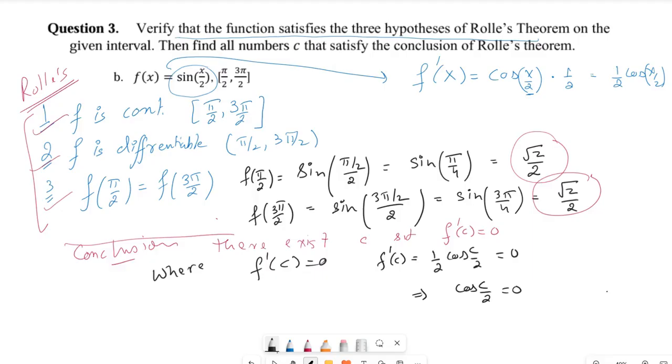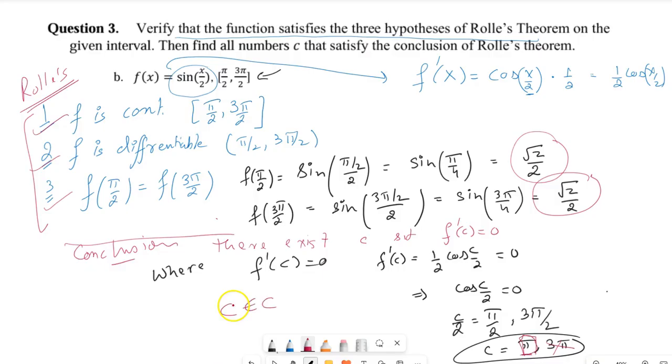Where is cosine 0 in this interval? Cosine is 0 when the angle is pi/2 and 3pi/2. So c should be equal to either pi or 3pi. 3pi is not in this interval, so the only value which is in this interval is pi.